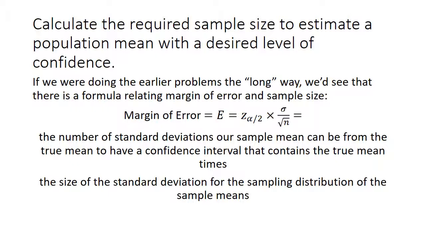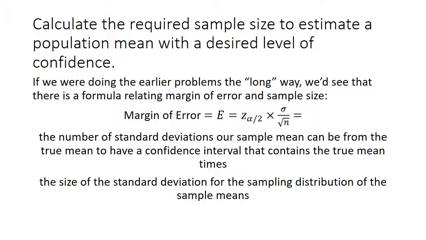We have a formula for the margin of error, which is the letter E. It is Z sub alpha over 2. That is the Z-score for a normal distribution that gets you the area in the tails. That is how many standard deviations our sample mean can be from the true mean to have a confidence interval that contains the true mean.